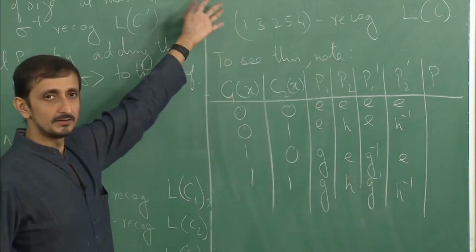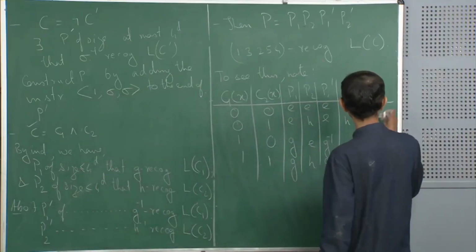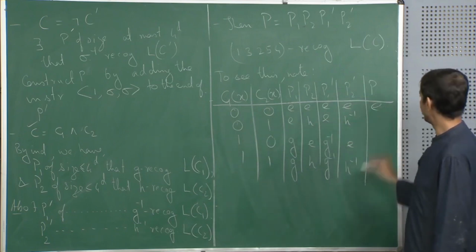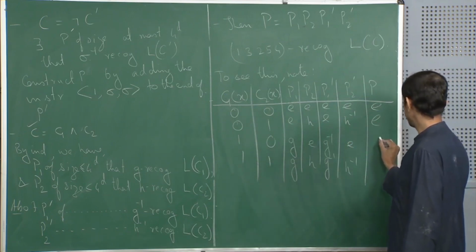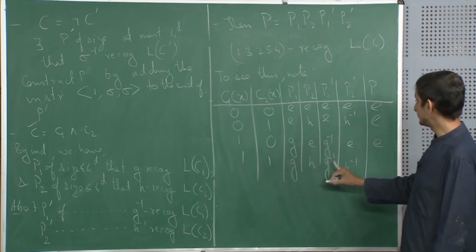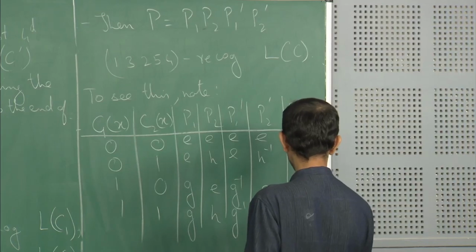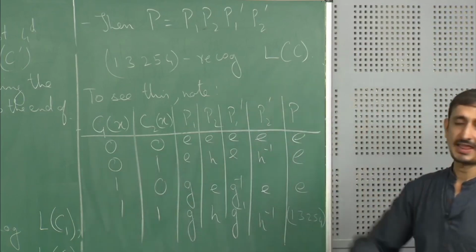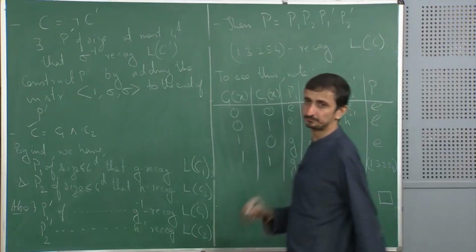Now, how do we define P? P is just the product of these permutations. The product of E's is E, the product of E, H, E, H inverse is again E, G, E, G inverse is again E, and G, H, G inverse, H inverse is my special permutation 1, 3, 2, 5, 4, and this is exactly what AND is supposed to do. So this completes the proof.